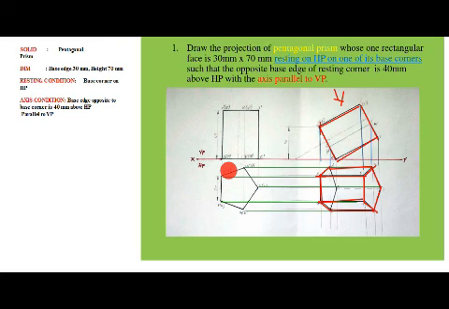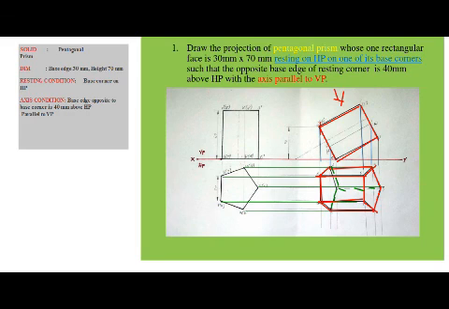So E is connected with 2 corresponding base edges D and A and 1 longer edge 5. So connect all this one with the help of the invisible line. So this is the solution for the given problem.